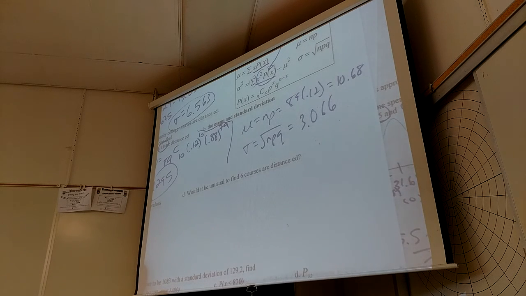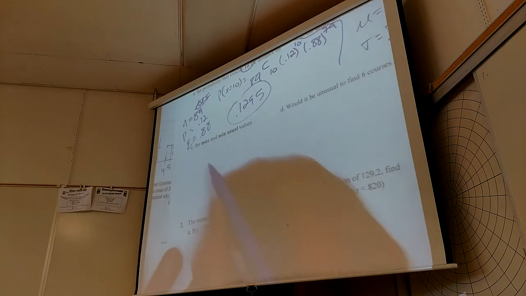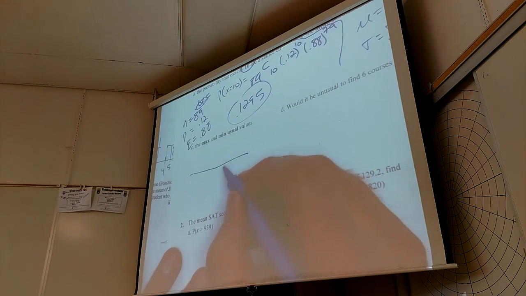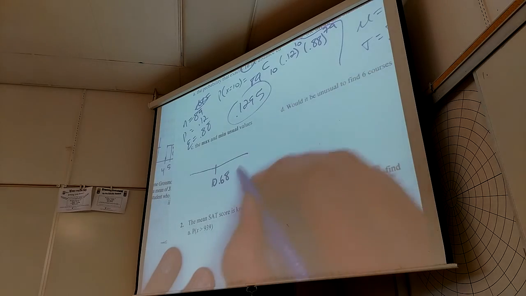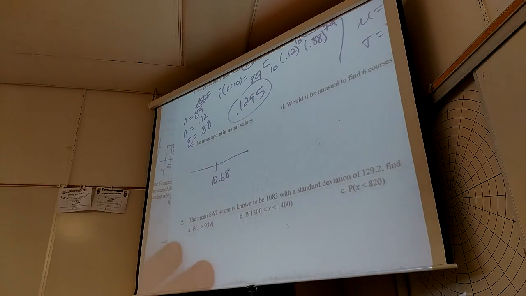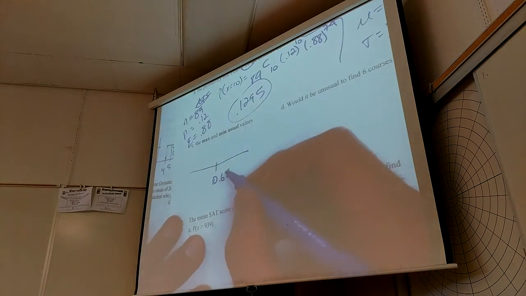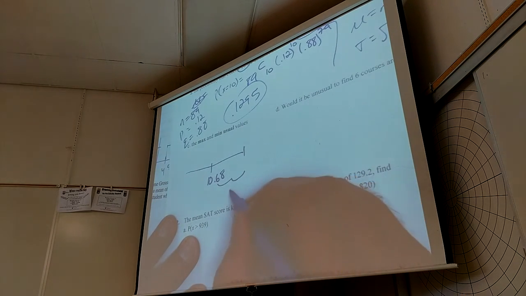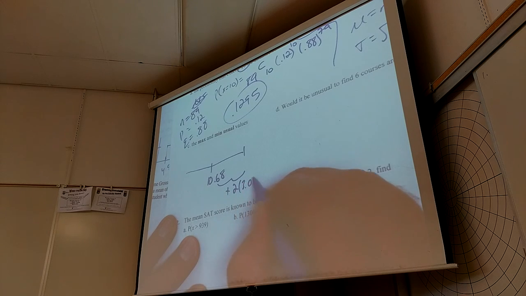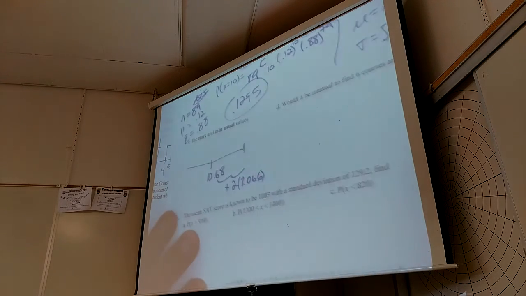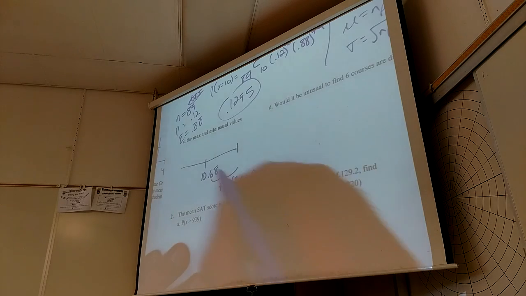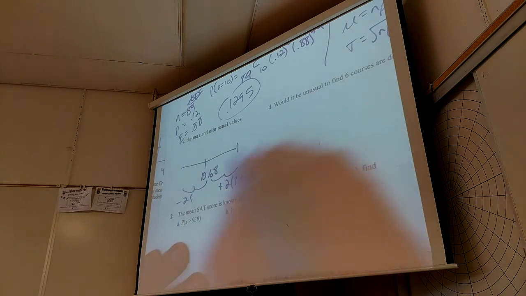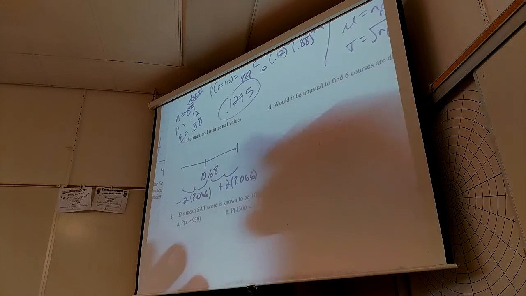So one of the most immediate things you could do with that information is to see what would be unusual or not. So where does unusual start? How far away do you have to go? Yeah, 2 standard deviations. So I just take 10.68 and I add 2 of these. You guys with me? And I take 10.68 and I subtract 2 of these. So what do you get?